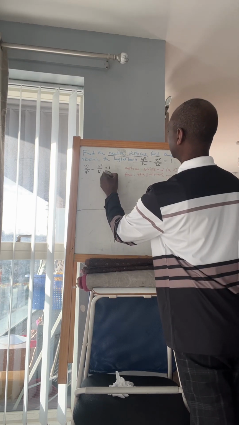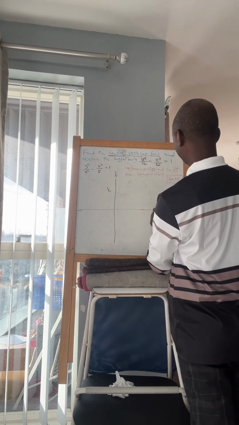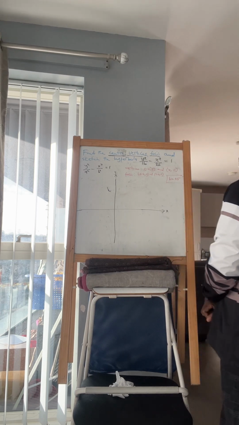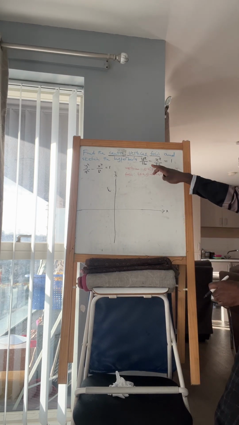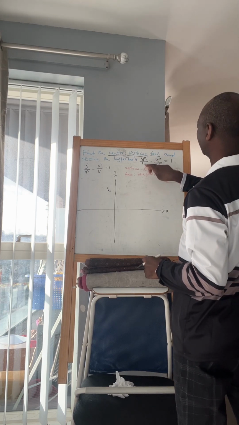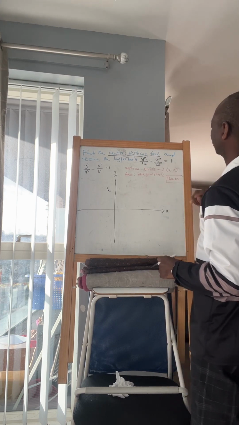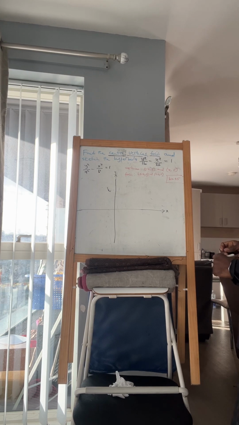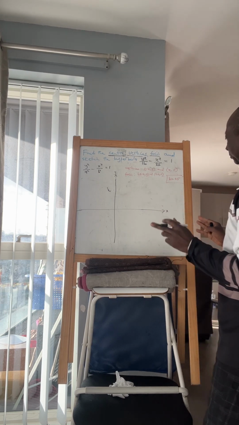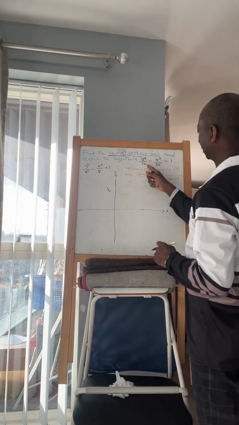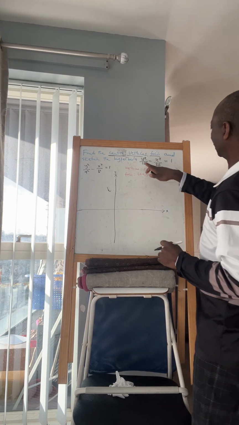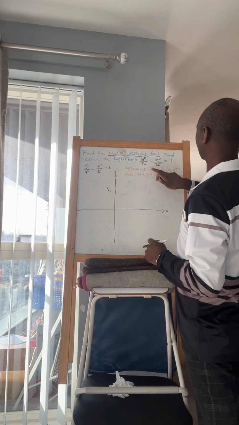So this is still our y-axis, this is still our x-axis. And now you have your a, which is 16, and the vertices here, which are plus or minus 4.